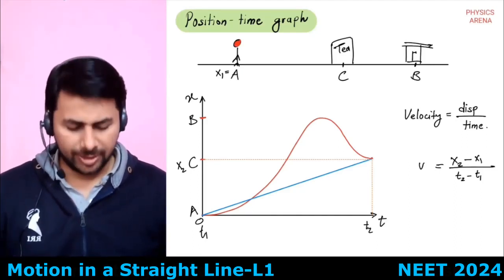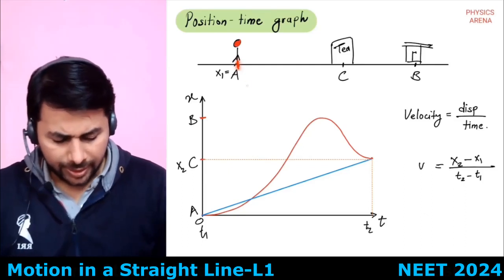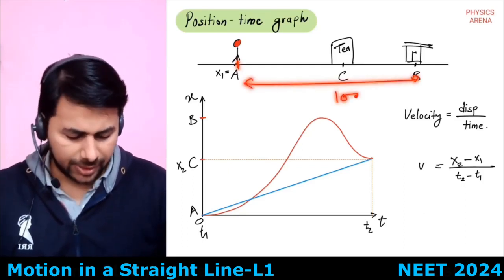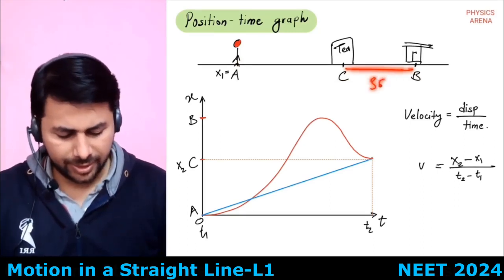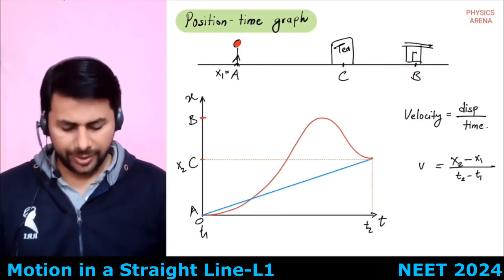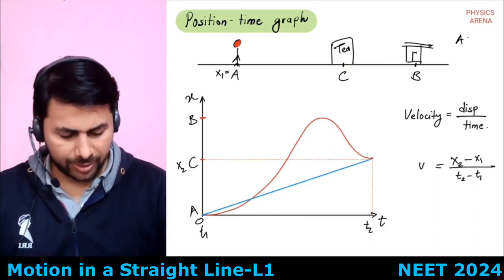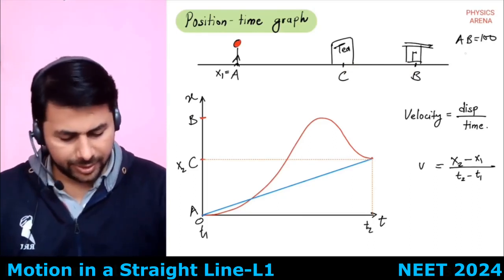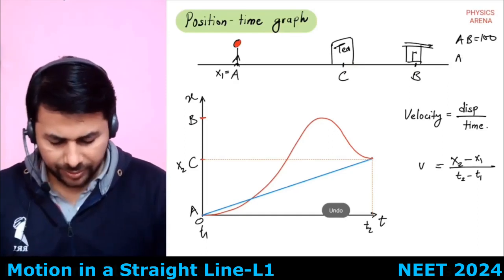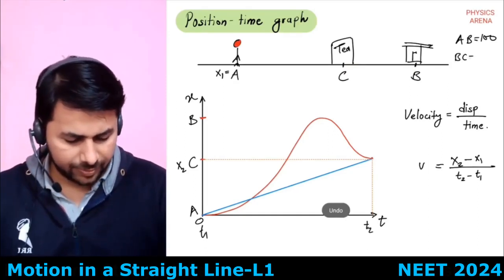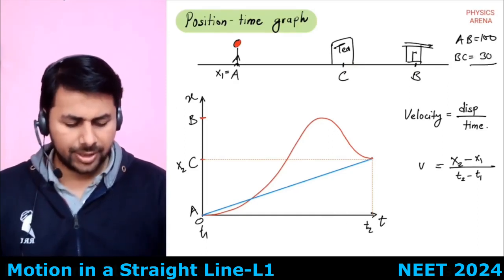Distance and displacement. Suppose this much distance is 100 meters and this much distance is 30 meters. Distance AB is 100 and distance BC is 30 meters.